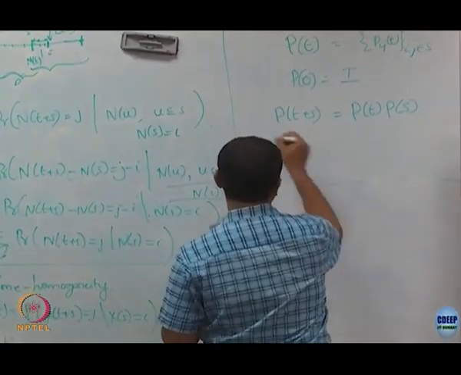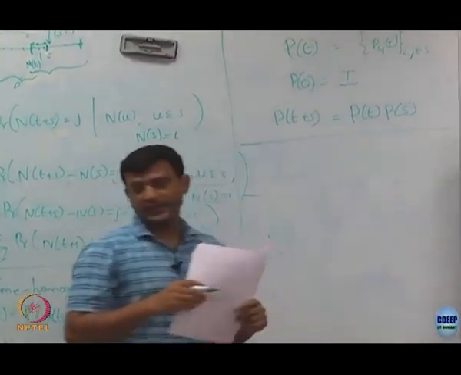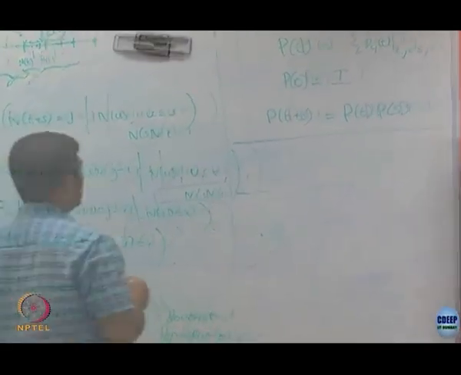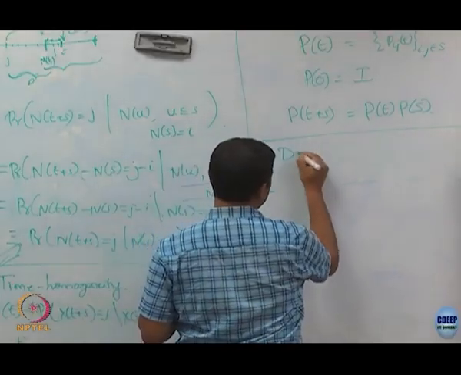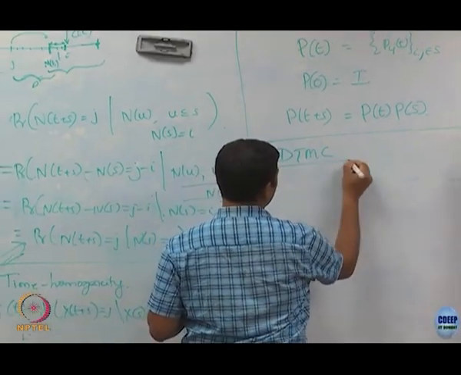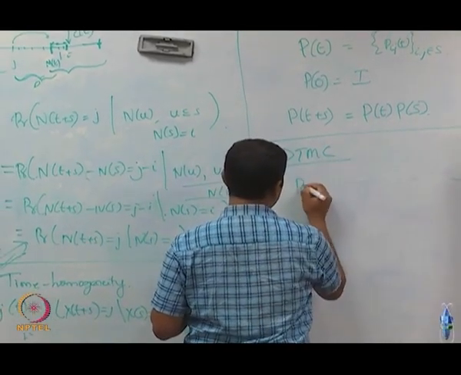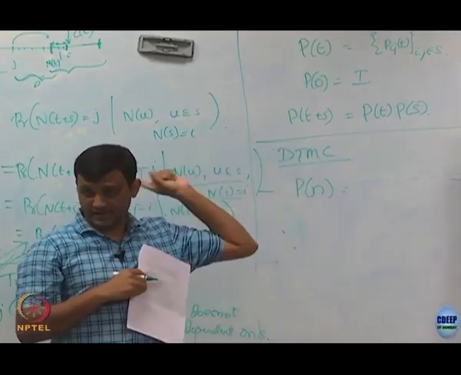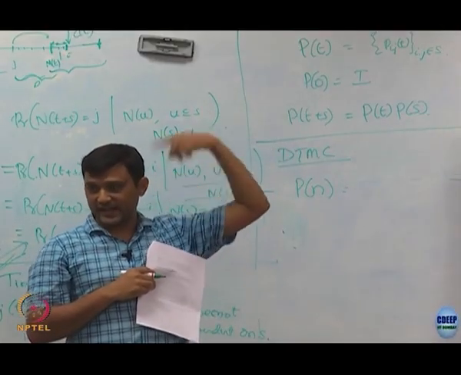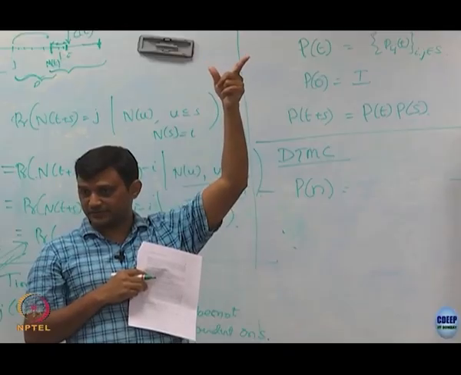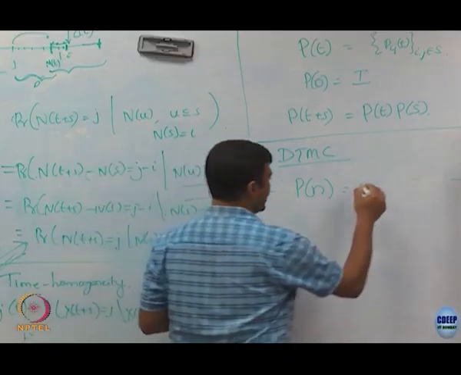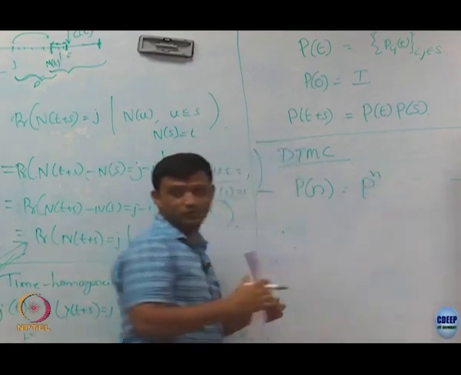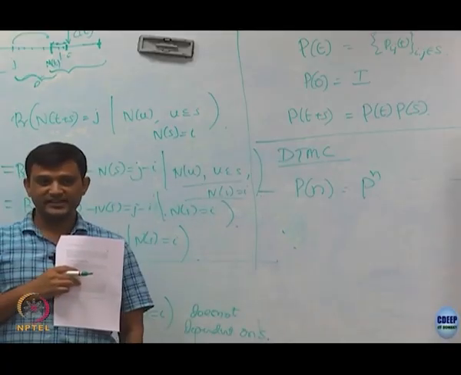Okay, now here is the contrast. Let's contrast with our DTMC, where we had written P of n. What is P of n? In the case of DTMC it is the n-step transition probability matrix, which we had written in terms of the one-step transition probability matrix by raising it to the power n.